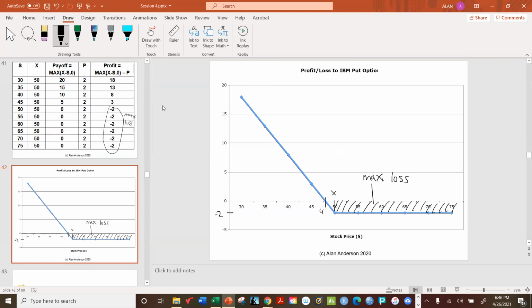It's actually $48, which equals X minus the put price. And then from that point on, as we've seen, each $1 reduction in the stock price adds $1 to our payoff.